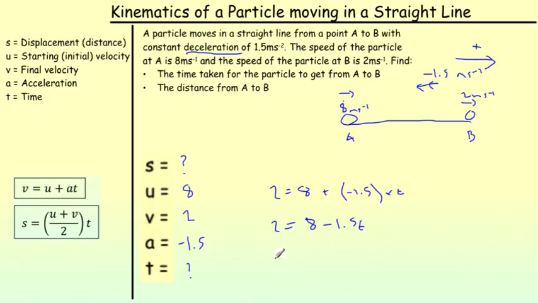When we rearrange that, subtracting 8 from both sides, we get minus 6 is equal to minus 1.5t. And finally that gives us t is equal to minus 6 divided by minus 1.5, and that gives us an answer of 4. So our t is equal to 4 seconds. And that's the answer to the first part.